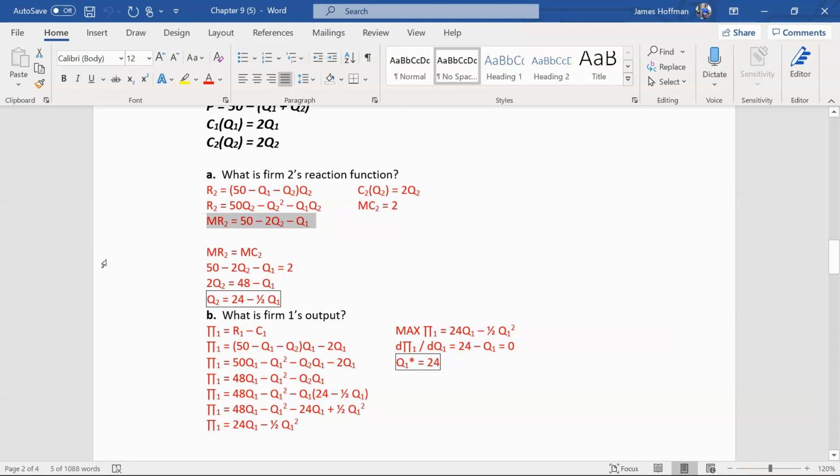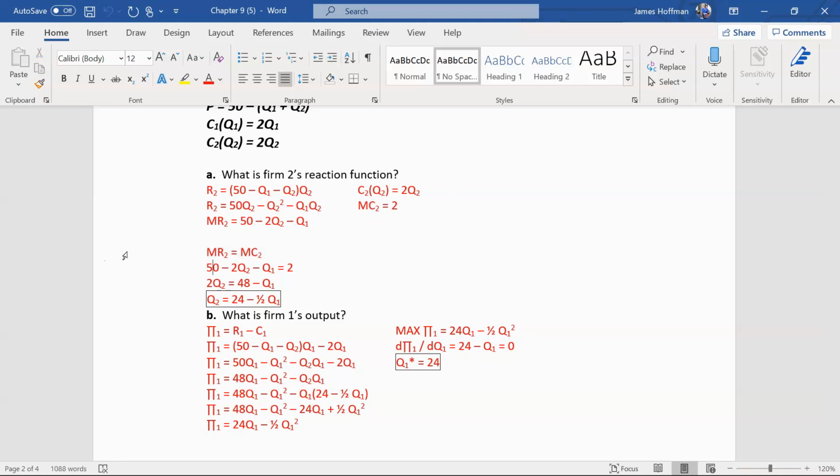Okay, so you have MR2 and you have MC2. To get firm 2's reaction function, just set the two equal and solve for Q2, because firm 2's reaction function is Q2 as a function of Q1.